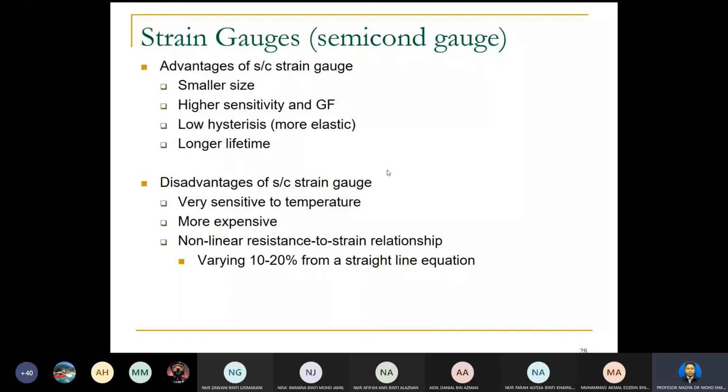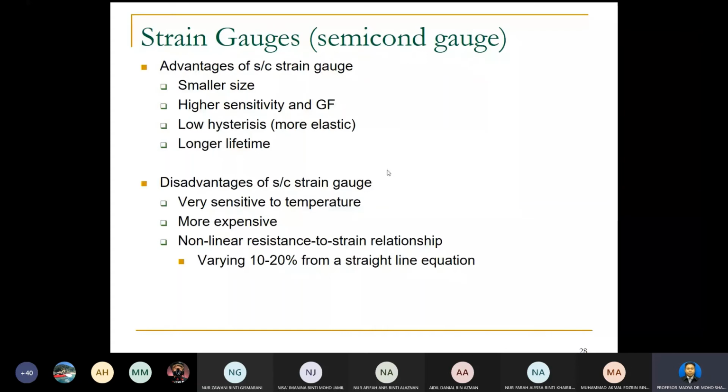The disadvantages of the semiconductor are that it is very sensitive to temperature, expensive, and non-linear in its resistance to strain relationship, varying 10 to 20% from the straight line of the equation. That means it is not linear.